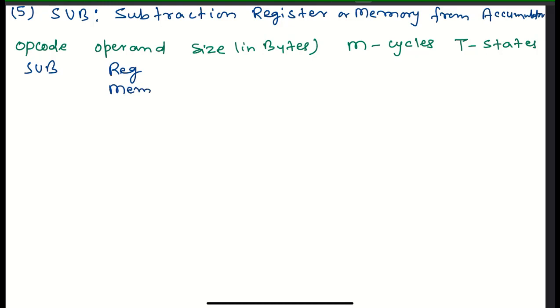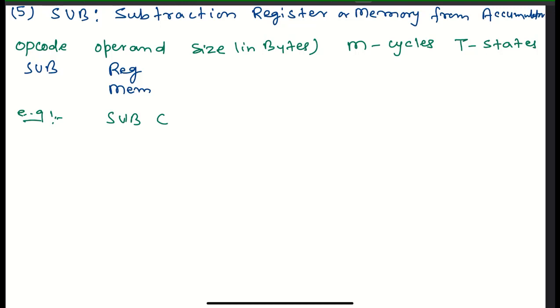Here we can understand this with an example first. We will take the example SUB C. Here the function of this instruction is to subtract the content of the C register from the accumulator register, and after performing this subtraction operation, store the result into the accumulator itself.